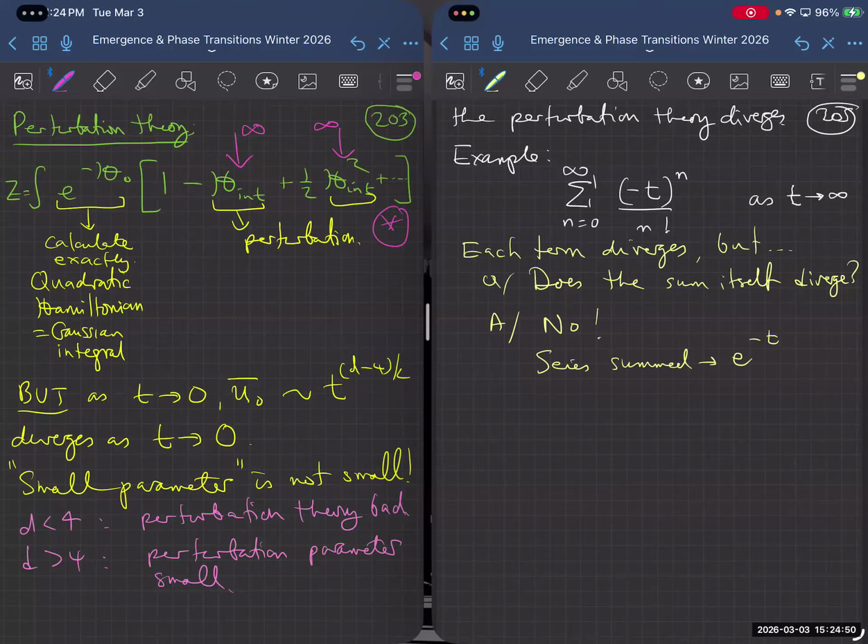And so e to the minus t as t goes to infinity is equal to 0, which is perfectly finite, a perfectly good answer. So this problem of divergences in perturbation theory is a very, very subtle issue, because you can have a divergent series, but you can sum it and get a finite answer.